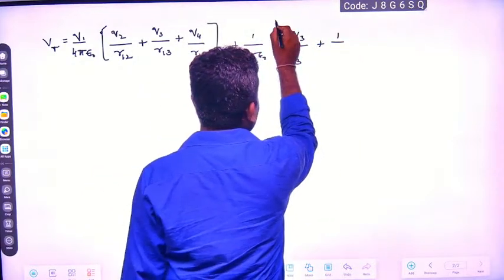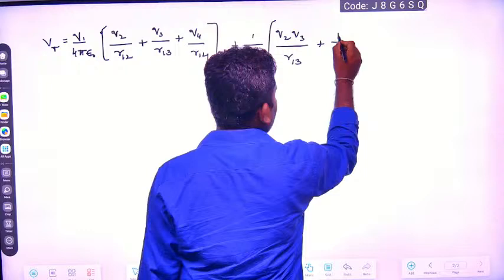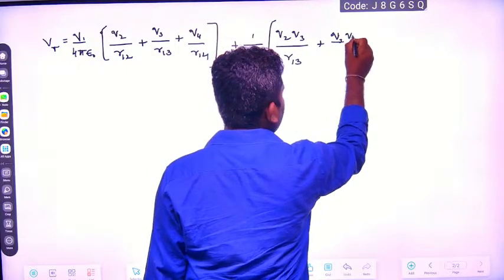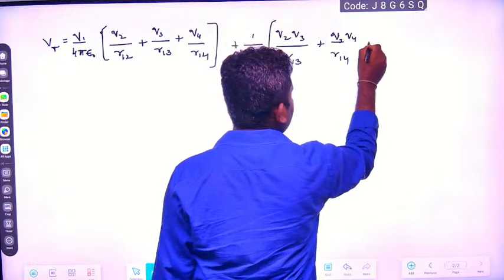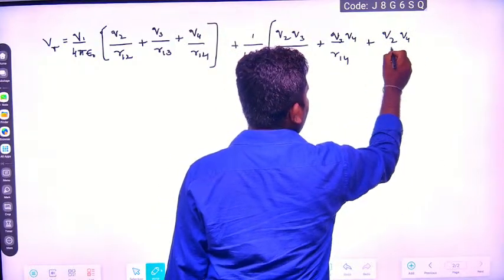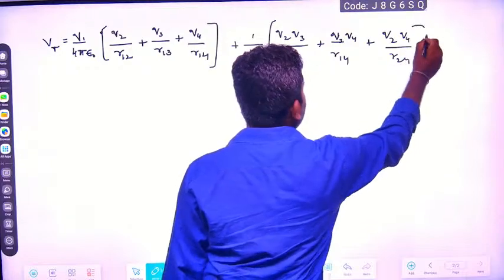I mean, anyway, I will take common here also: Q3 Q4 by R14 plus Q2 Q4 by R24. This is the total potential.